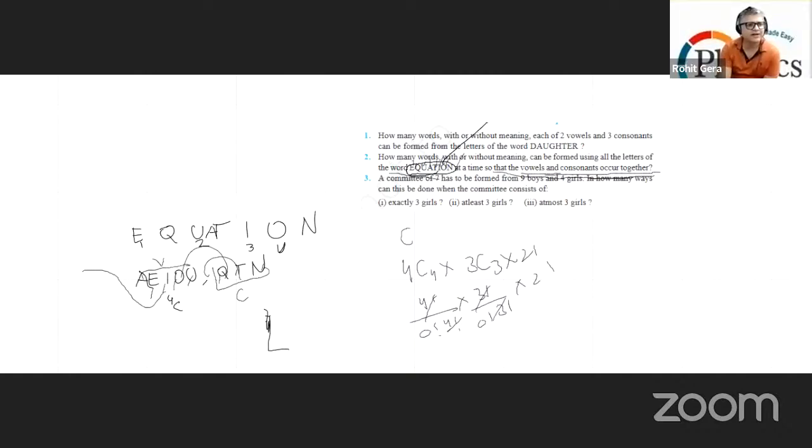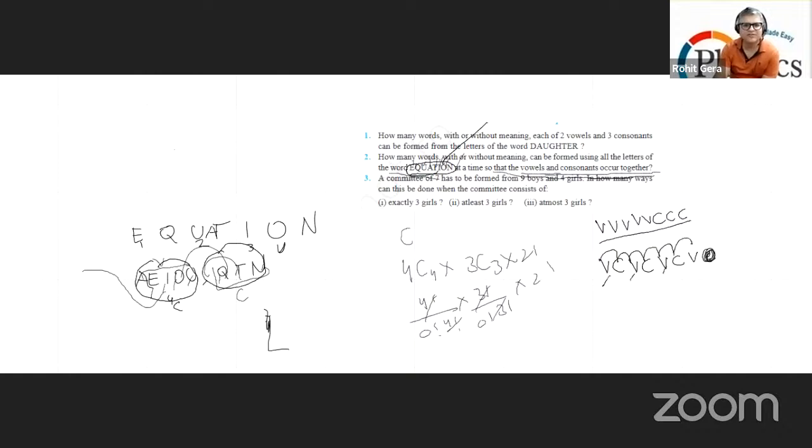My understanding of occurring together is this: if I write vowel, vowel, vowel, 5 times and then 3 consonants, is this occurring together, or does it mean it should be VC VC VC VC, vowel and consonant occurring together? 1, 2, 3.